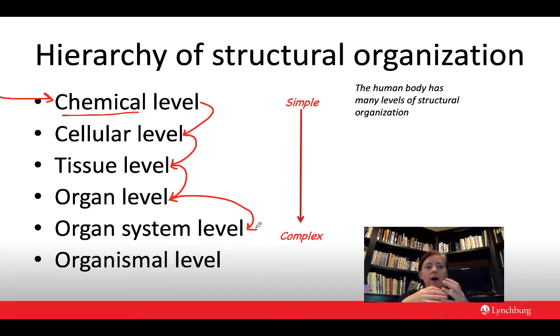Now, what we see in the body is that multiple organ systems are going to combine to create the whole organism. And that's what we see here. So now we're up to the organismal level, and we're looking at the organism as a whole. So we're basically going from a very simple level to a much more complex level here.